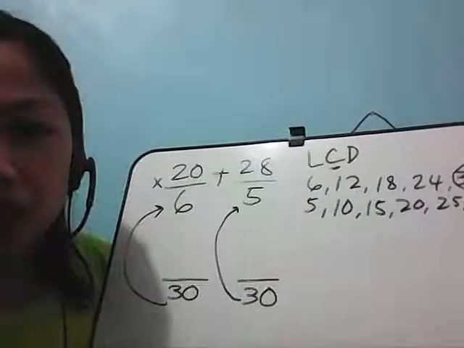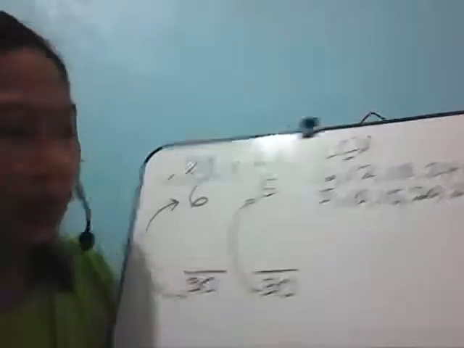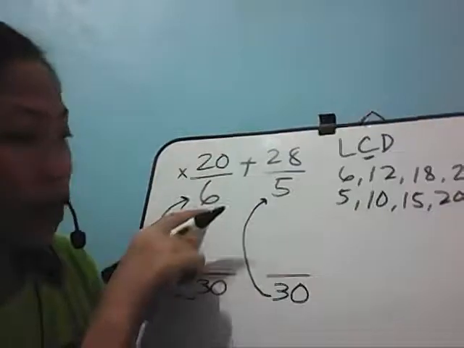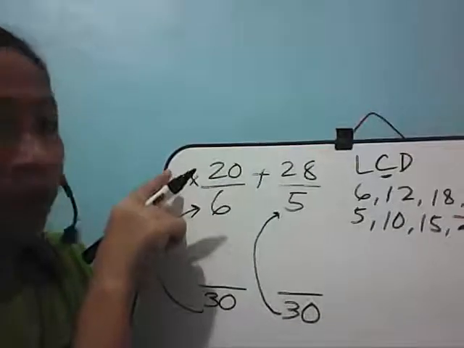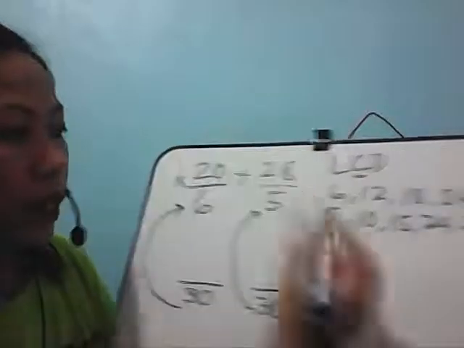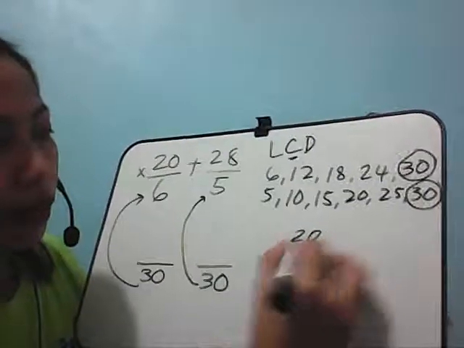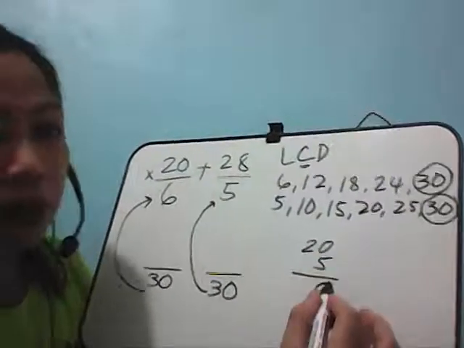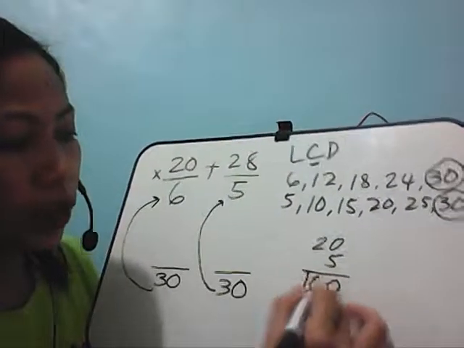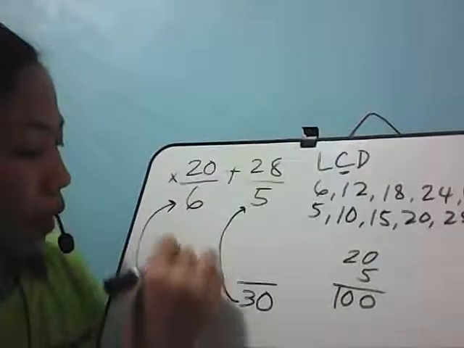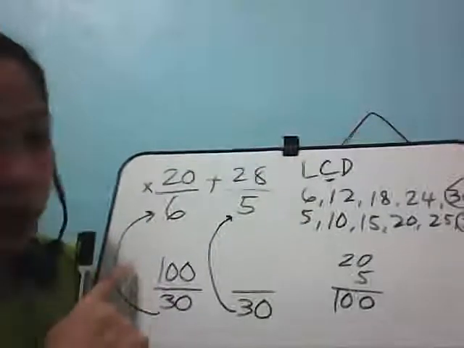Hi, Neil. Are you still there? So, 30 divided by 6 is equal to 5. Then 5 times 20. 5 times 0 is 0. 5 times 2 is 10. Therefore, our answer is 100. Isusulat natin dito si 100.